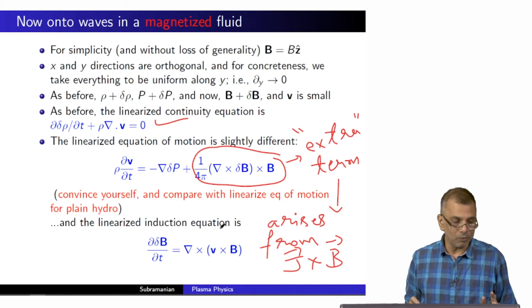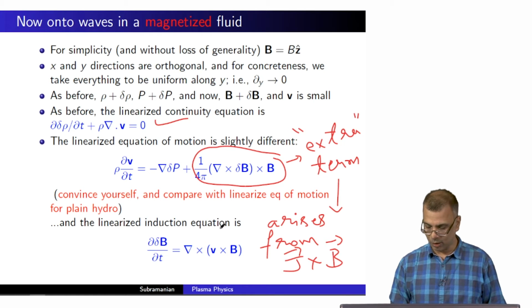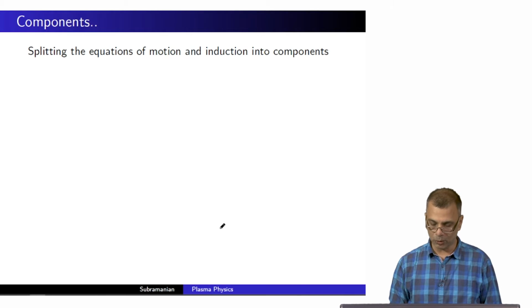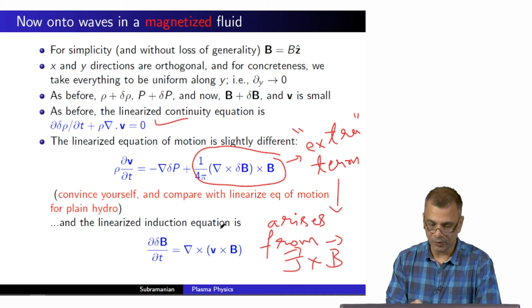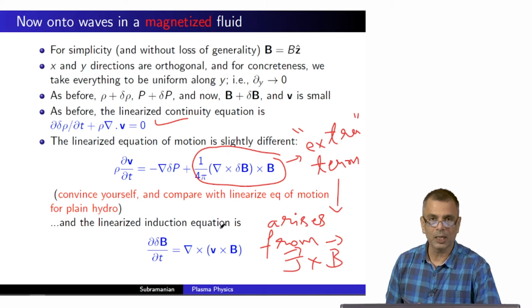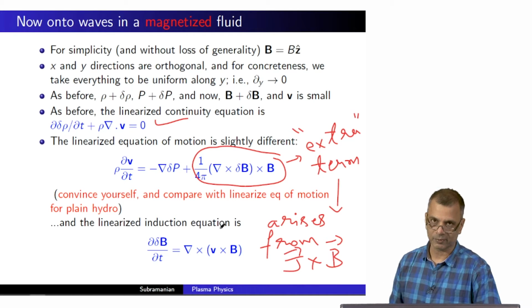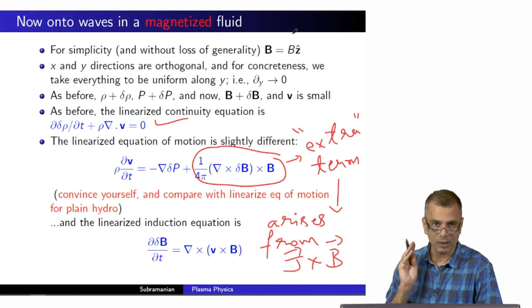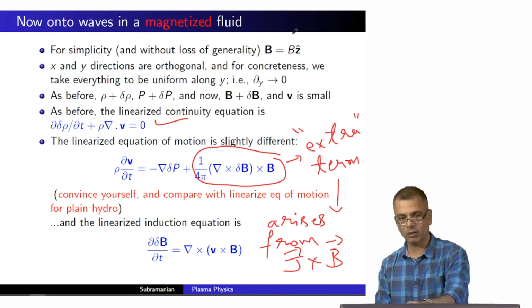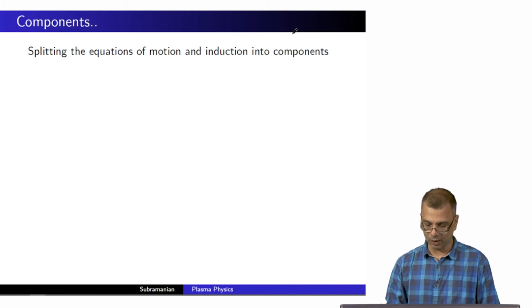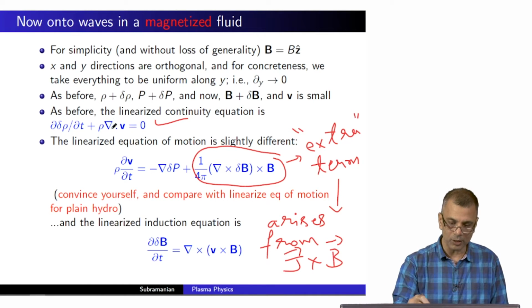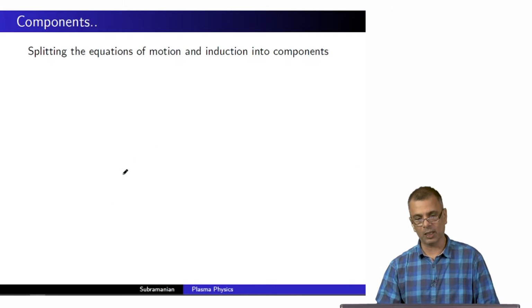Now before going on, what we did was we said it's simple to split up these vector equations in components x, y, and z, recognizing that the magnetic field is only in the z direction. All we're doing now is writing down the equations in blue, this and this, in components.